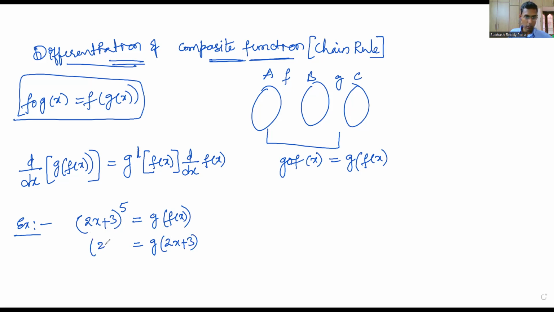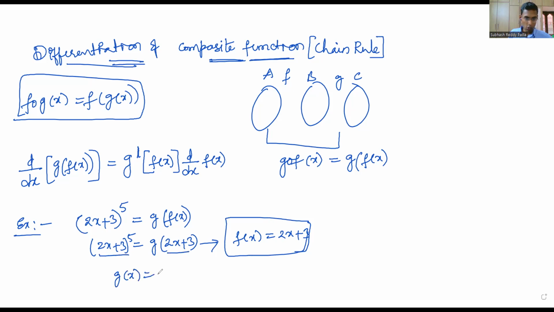This is 2x plus 3 whole power 5. So that means you can write f of x is 2x plus 3. This you should be able to recognize. Yes, sir. And now g of x, in the place of 2x plus 3, I am replacing x. g of x is x power 5. This you need to recognize first.